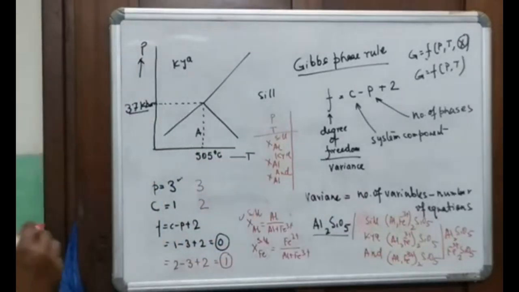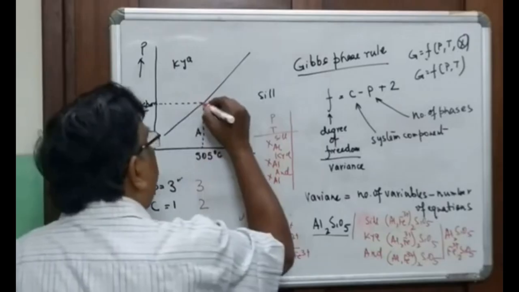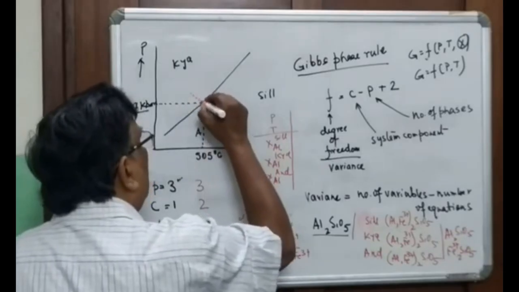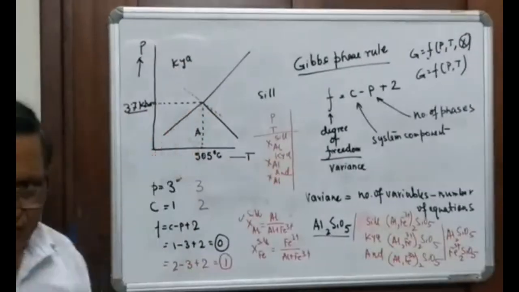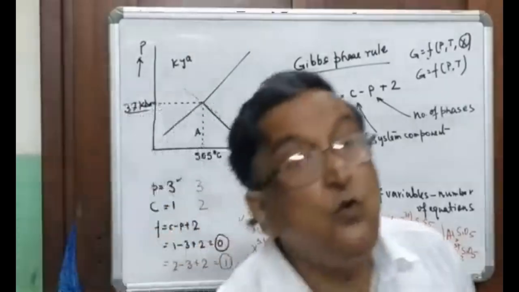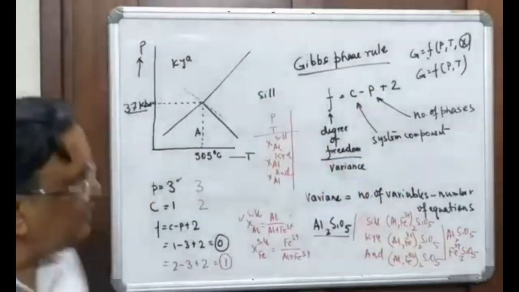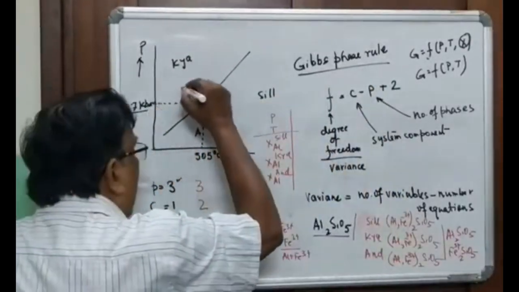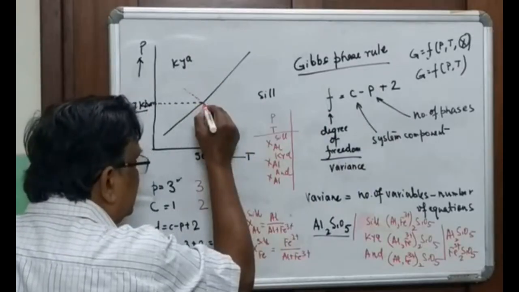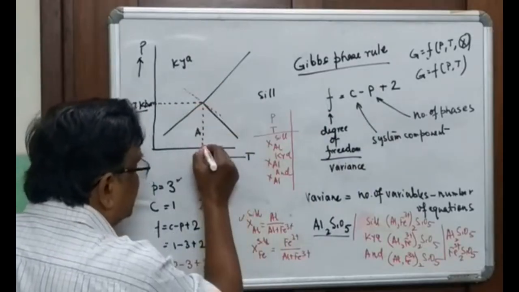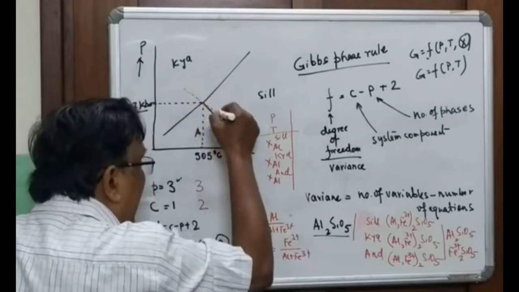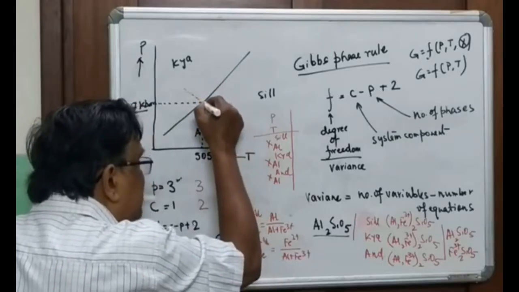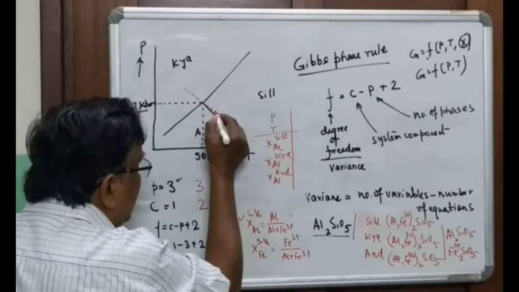So what has happened? This triple point is no more an invariant system. It is now a univariant system. Why? You see, at this point, pressure and temperature are fixed. But if you are on this line, to fix the point, you need a variable.